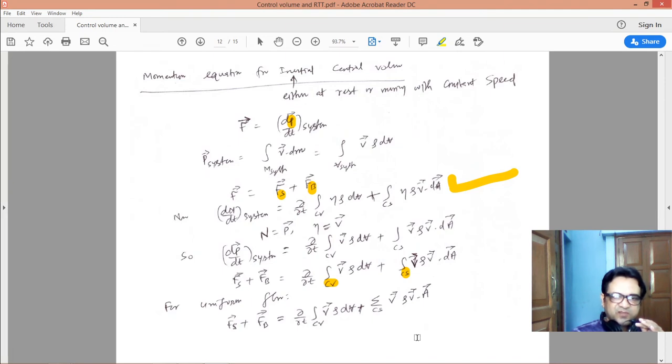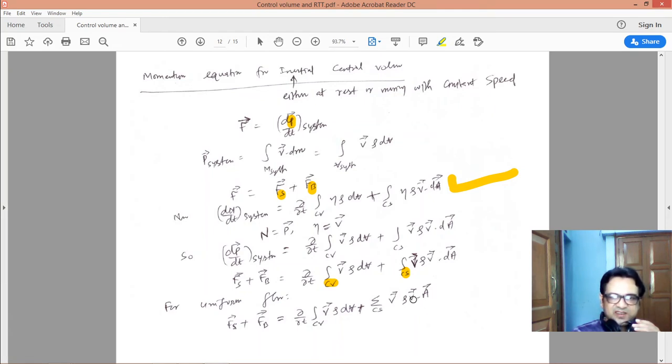For a uniform flow, if velocity is not varying, at every inlet the flow enters with uniform velocity, and at every outlet the flow is leaving with uniform velocity, then your summation of the forces will be del by del t of integration V rho dV plus summation at different cross sections. Use the summation for all the momentum fluxes, V rho V dot A.